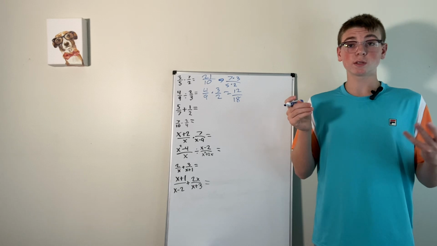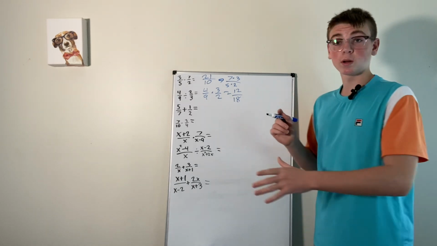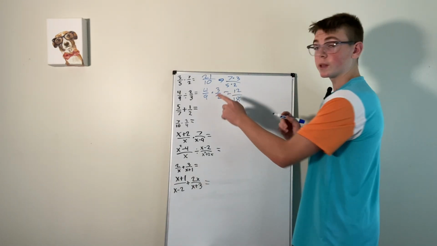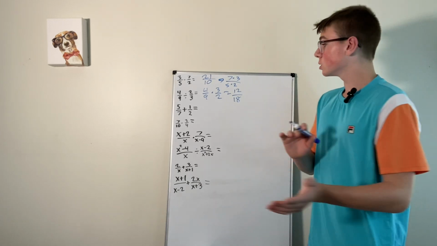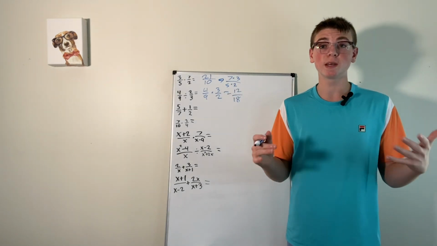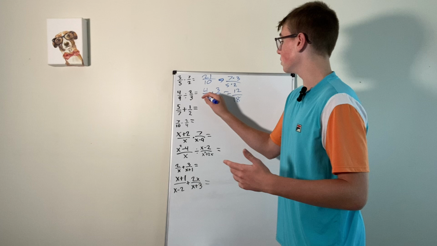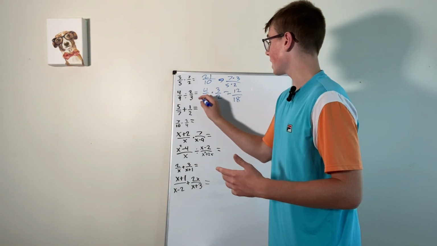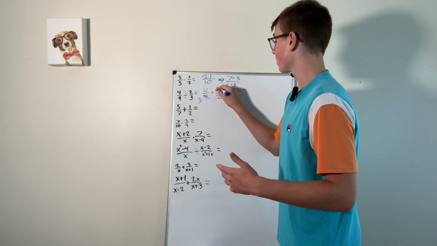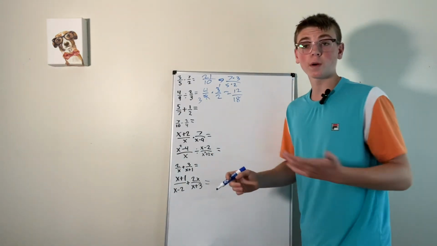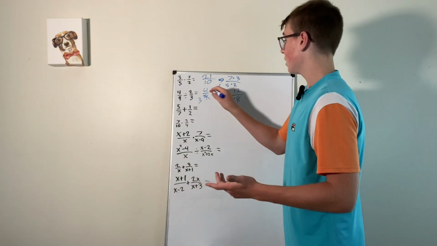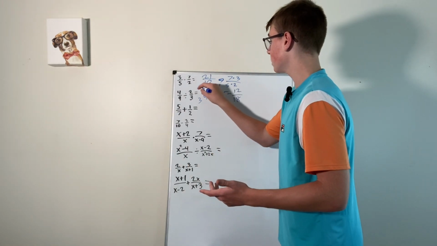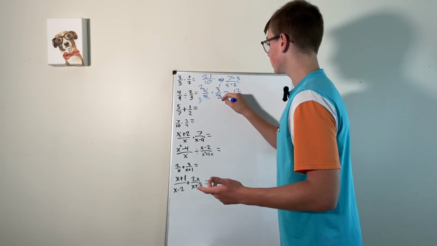But what you could also do, when multiplying, is cross check. So 9 and 3, could you simplify those? Well, you could. 9 goes to 3, 3 goes to 1, and then 4 and 2. Could those simplify? Of course, 4 could go to 2, and 2 could go to 1.